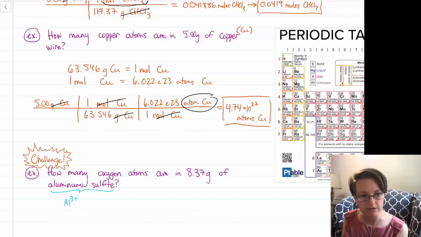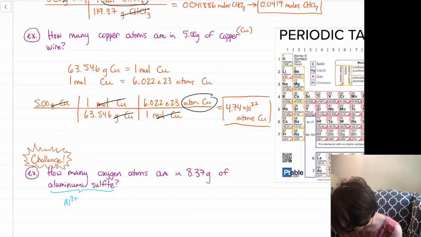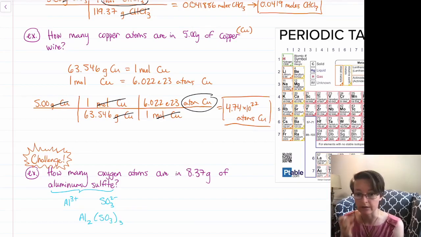Sulfite is one of our oxo anions, and its formula is SO3 2-. Once we do the crisscross method, that's going to tell us that we're going to want to have 2 units of aluminum and 3 units of sulfite. So our formula for aluminum sulfite is Al2(SO3)3.